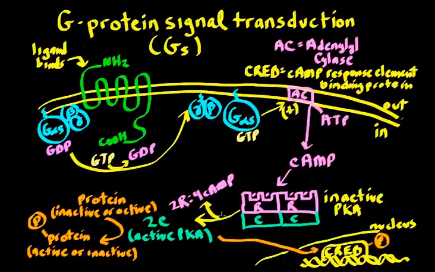And what that does is it allows the catalytic subunits now to do what their main function is, which is to phosphorylate proteins. Now, that's abbreviated here as 2C. That's indicating that there's these 2 catalytic subunits. Now we have our active PKA. We can see here we've released the regulatory subunits bound to cyclic AMP.